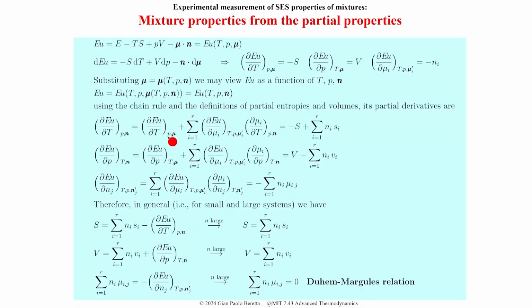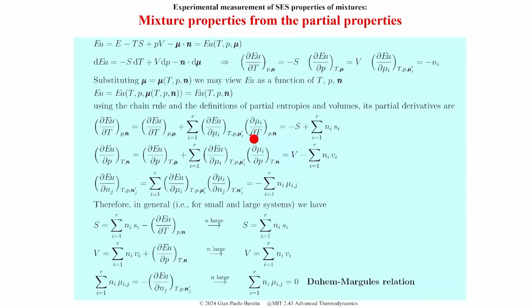Okay, so I put a p and the mu here. Plus, there is also a contribution to changes in temperature through the chemical potentials. So that adds the partial of EU with respect to the chemical potentials times the derivative of the chemical potential with respect to temperature. Okay?